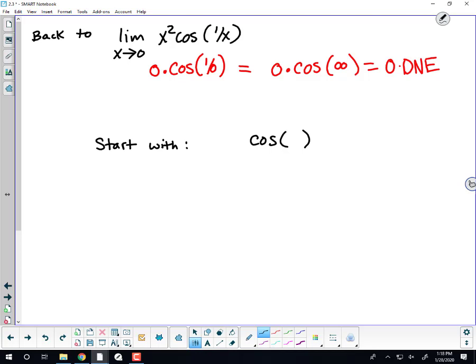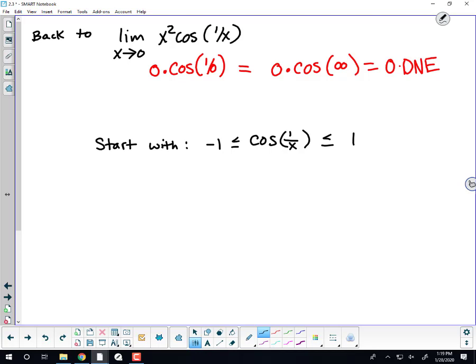We sort of just mentioned it in analyzing the limit for cosine. But cosine is always in between what? Yeah, 1 and -1. So it doesn't matter what we're taking the cosine of. Cosine of whatever is always in between 1 and -1. All right, so that's kind of our starting point for this.